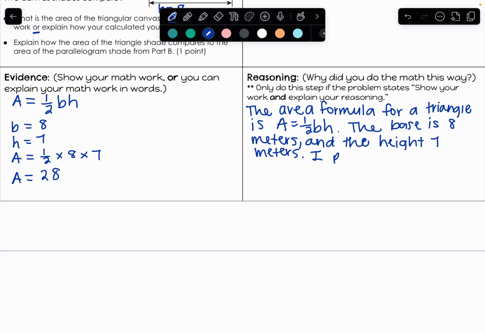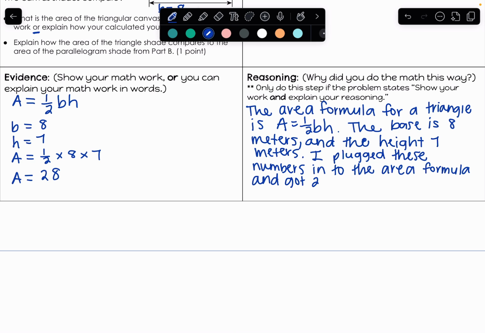I plug these numbers into the area formula and got 28. Boom. So these are equivalent. You could do either one.